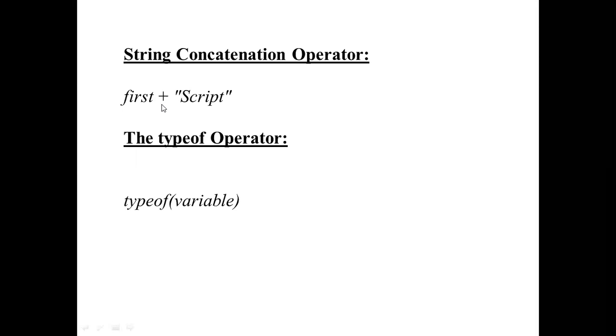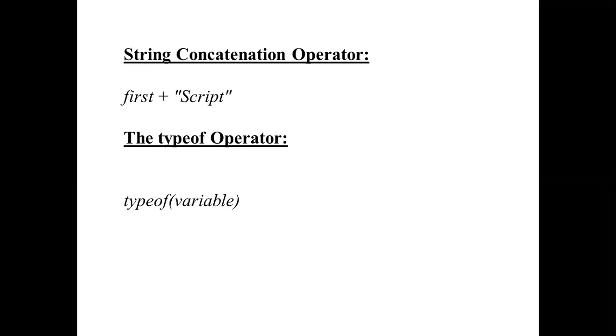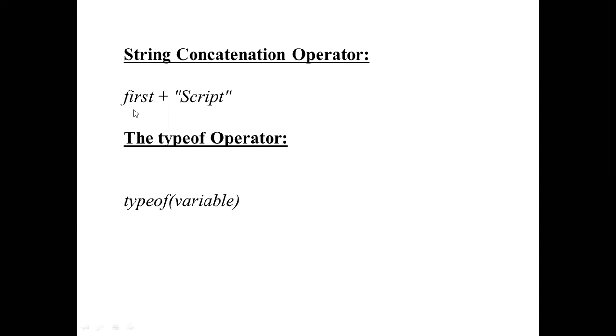For example, if a variable first holds the string value Java, and the result of this expression is JavaScript. So two strings can be concatenated with each other using the plus operator.